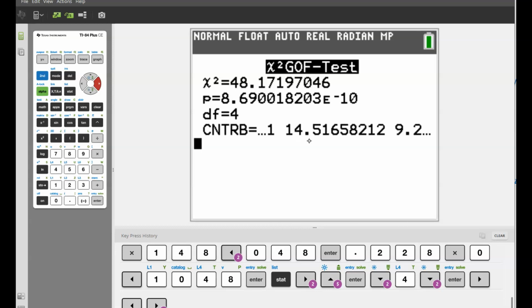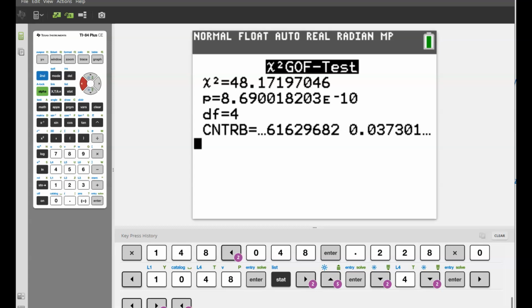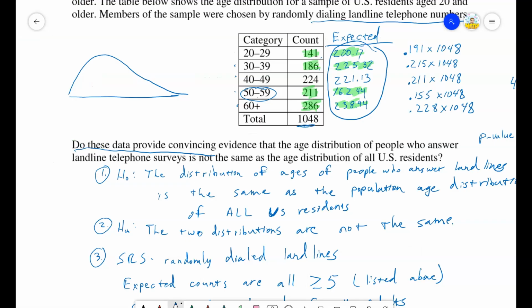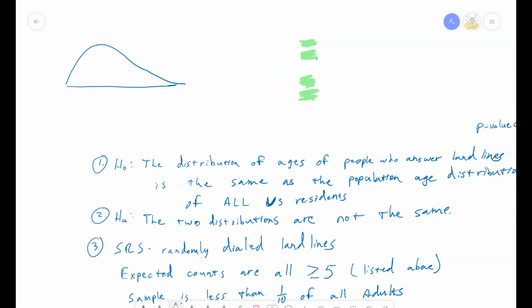And then the last two groups contributed 14.5 and 9.2. So you can see the contributions to that 48.17 come mostly from the younger demographics and the older demographics. That seems to be where the bigger difference is, if they ask us such a question. But here it just says, is there convincing evidence that the distributions are different? And in this case, there is convincing evidence that these two distributions are different from each other.